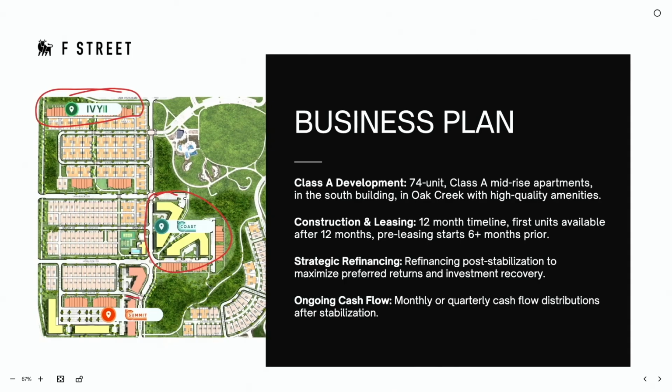Summit is going right here. Here we go. Beautiful building. All of this over here is amenities. This is a park. Here's the clubhouse. Here's the tennis courts, the pickleball courts, the basketball courts. Everything's here for you. It's a perfect dream place to live.